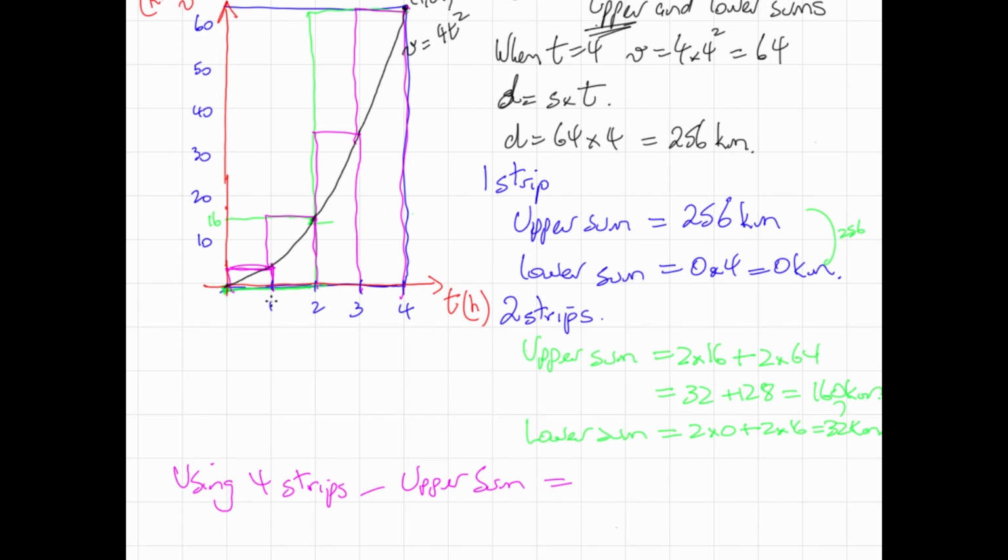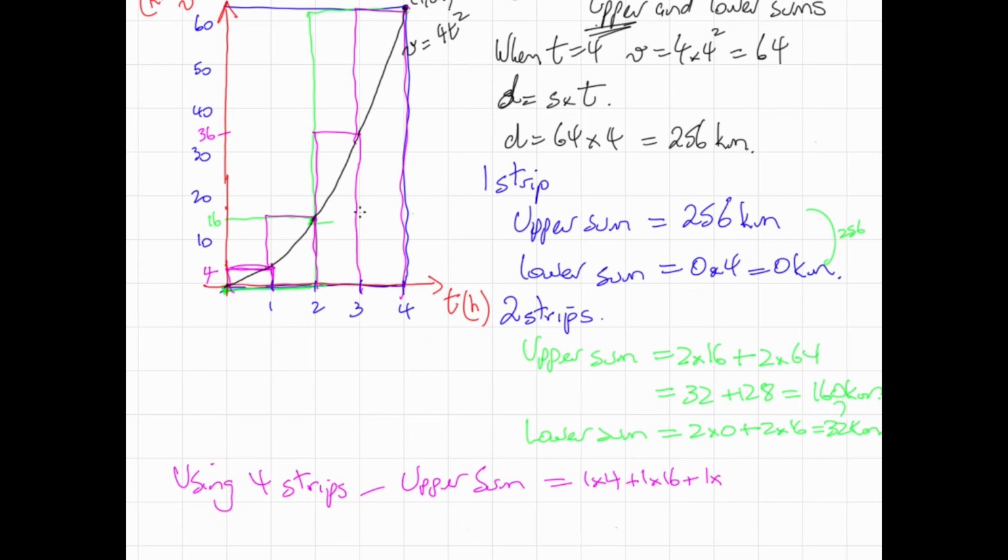Now this will be equal to 4. So it'll be 1 hour at 4 plus 1 hour at 16 plus 1 hour at, we haven't worked that one out yet, so this one here will be 3 squared, which is 9 times 4, 36. So that one corresponds up here to 36.